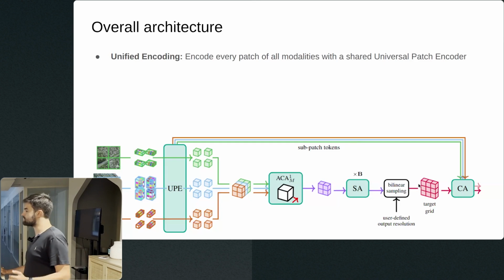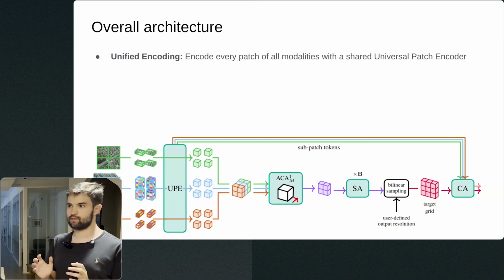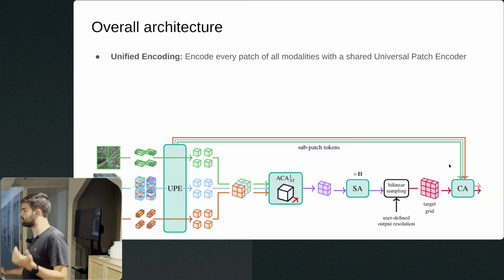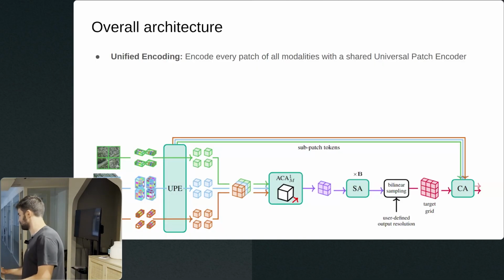But as real-world scientists want some really fine grids, often pixel-size embedding maps, we're also going to have a definable output resolution, and we're going to skip all the most fine-grained spatial information through a cross-attention to feed this new target grid.